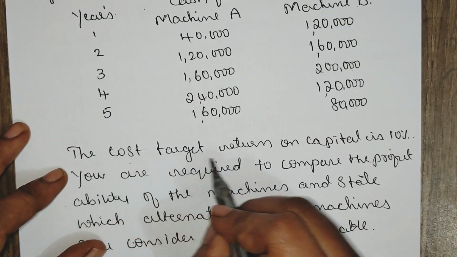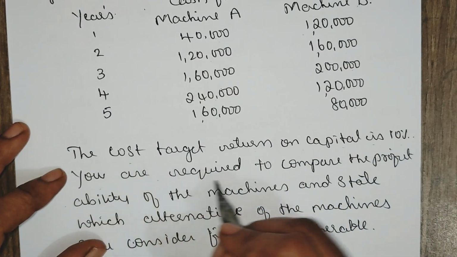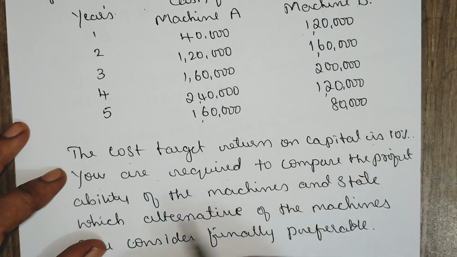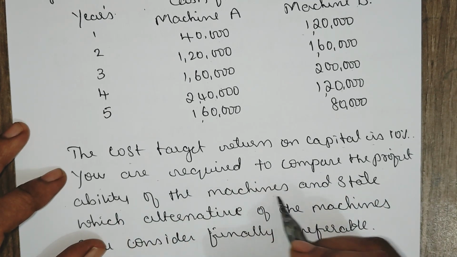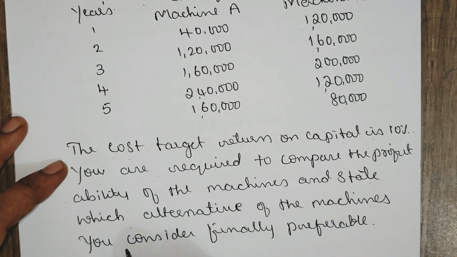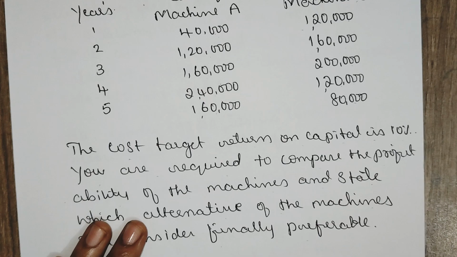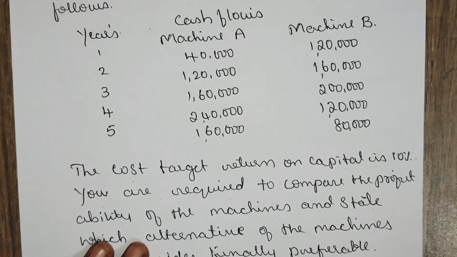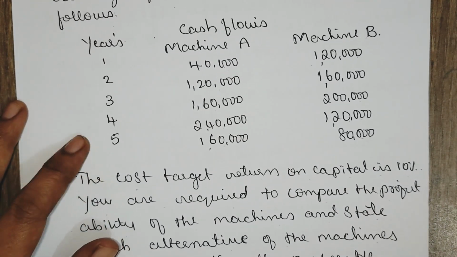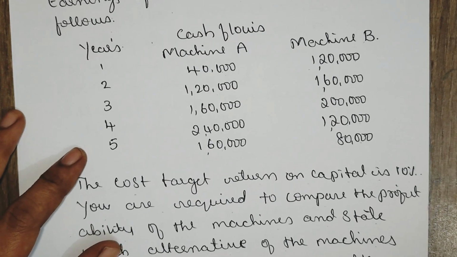The target return on capital is 10%. You are required to compare the profitability of the machines and state which alternative machine you consider finally preferable. So here two cash inflows are given for machine A and machine B. 5 years data is given, and the initial outlay, that is the initial investment of the machinery costing, is 4 lakh.